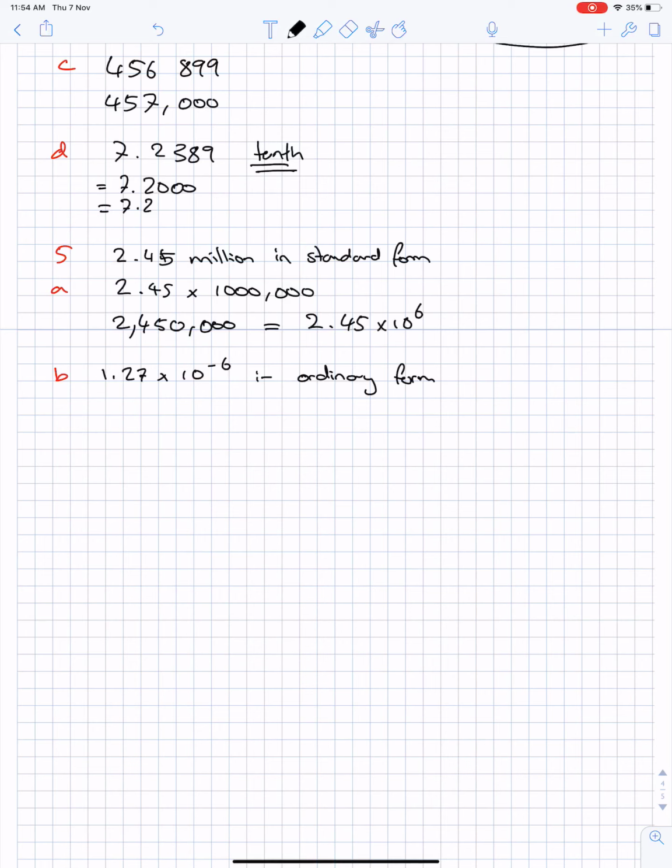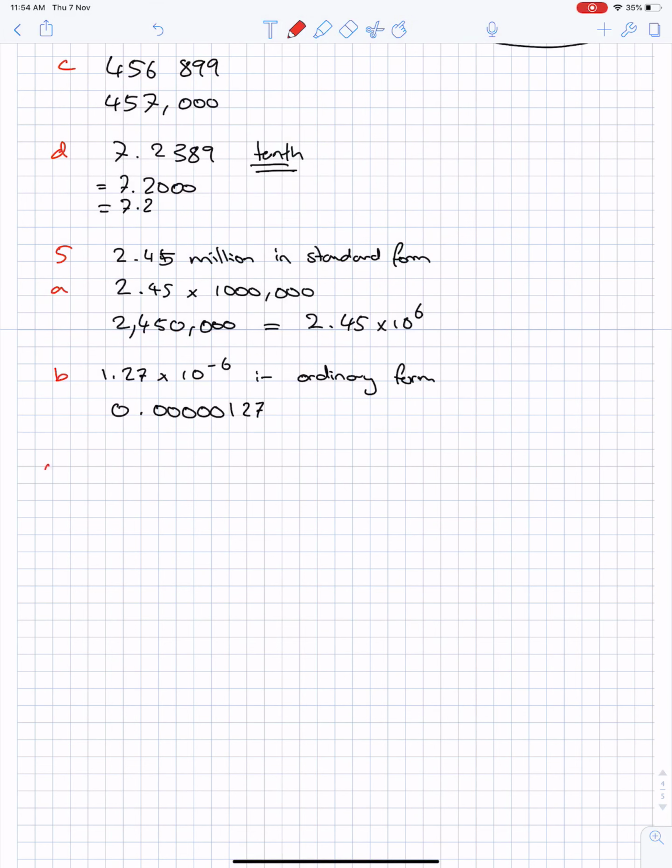So we'd have to shift the decimal point 6 times to the left. So that would be 0.00000127. Okay.